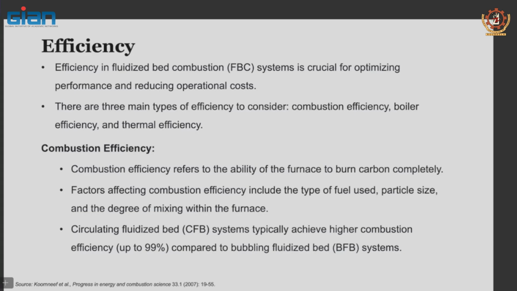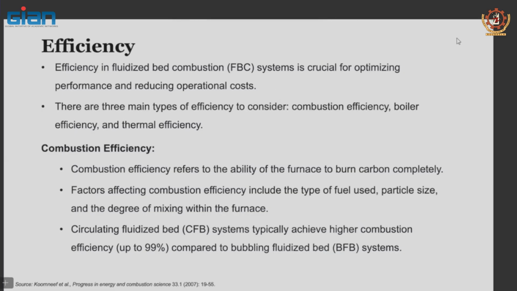Efficiency, as I said, is important. Again, I'm sure that you know these concepts, but let me remind you. When we talk about efficiency, first is the combustion efficiency: how much of the fuel you have converted into thermal energy, so how much of the chemical energy has now been converted into thermal energy.